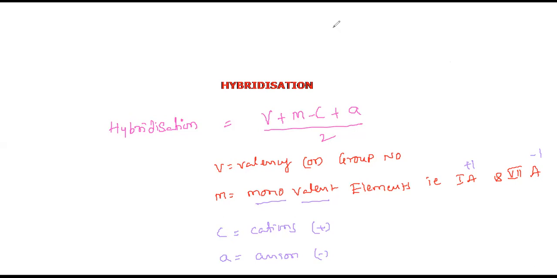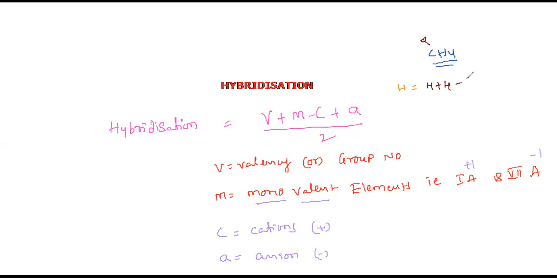So I will give one example. You have to find out the hybridization of this molecule, CH4. We don't know the hybridization of this compound, so how to find out? Hybridization equal to: the central element is carbon, group number 4, plus number of monovalents. The only monovalent here is hydrogen, and there are 4 of them. So 4 plus, minus any charge?